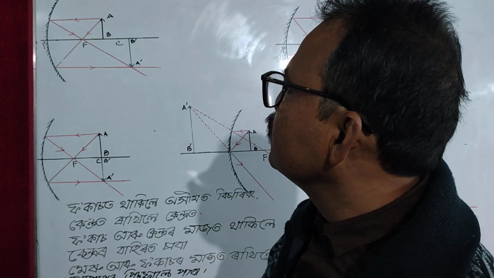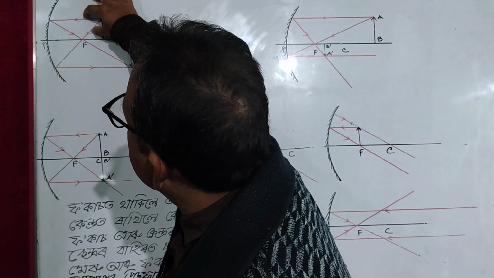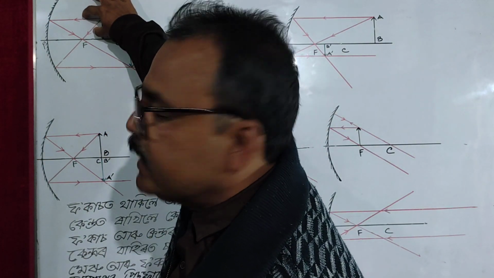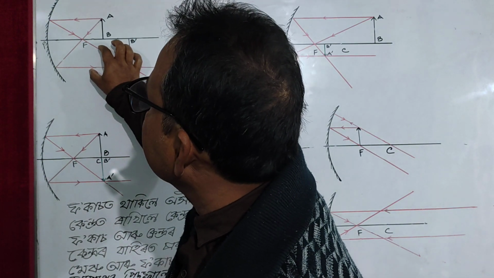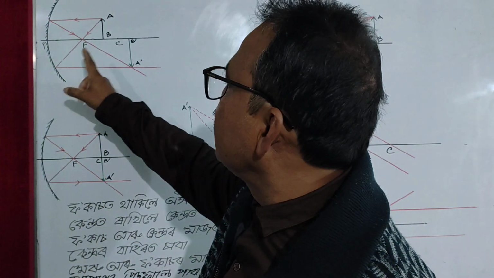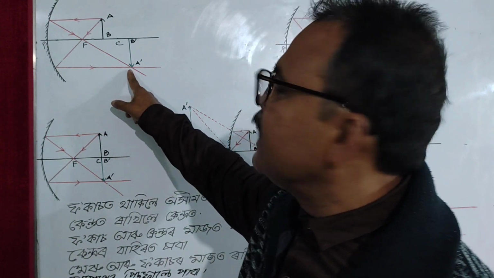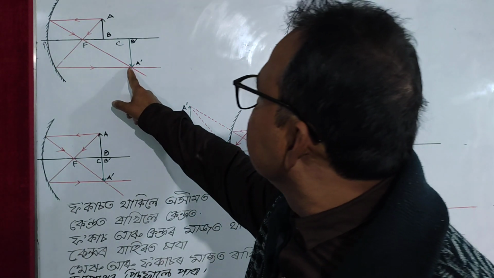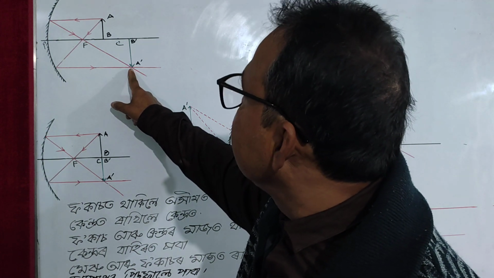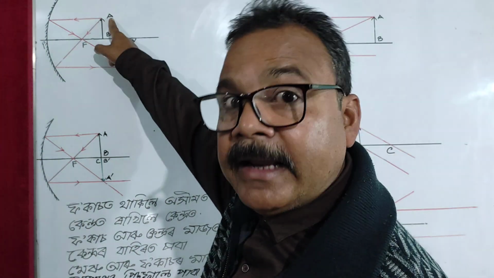Is it clear? So now you see, these two are my incident rays and these two are my reflected rays. After reflection, these two rays actually meet at this point. So this point is the image of the point A.